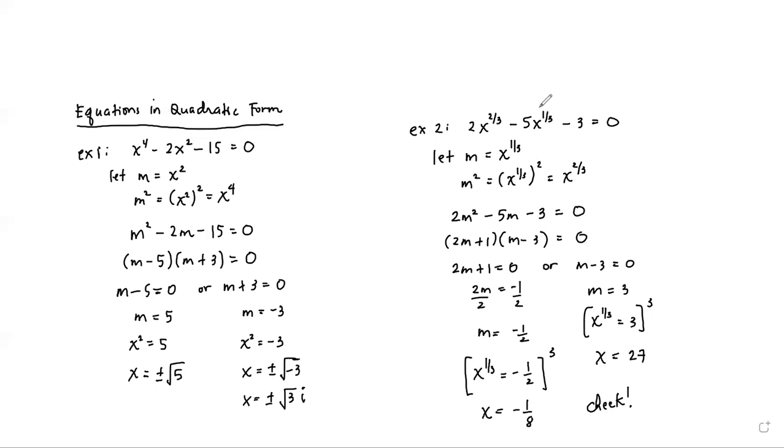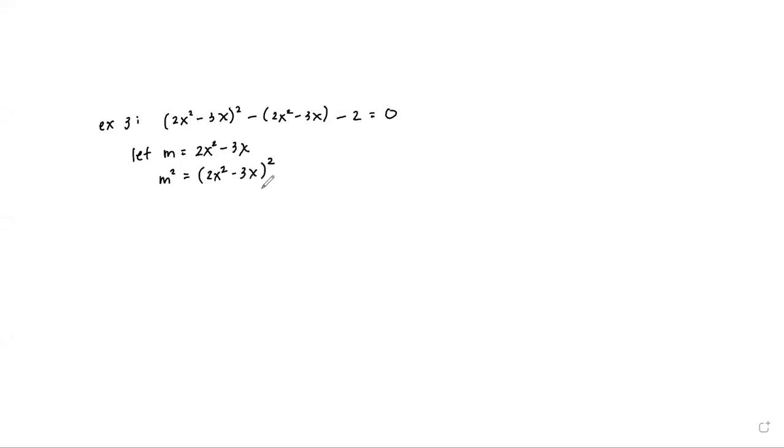And then for our last example, let us solve 2x squared minus 3x quantity squared minus the quantity of 2x squared minus 3x minus 2 equals 0. So just like the previous two examples, we will let m to be 2x squared minus 3x. And then if we apply the square to both sides of this equation, we're getting 2x squared minus 3x quantity squared.